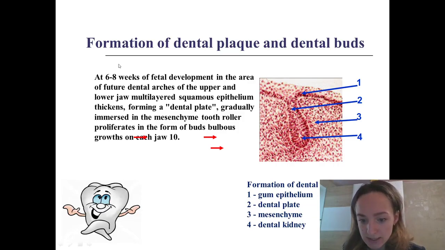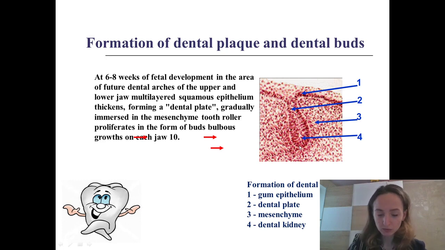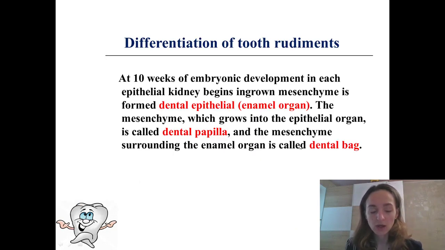Here you can see that the first is gum epithelium, the second dental plate, then mesenchyme tissues and dental kidney or dental germs.